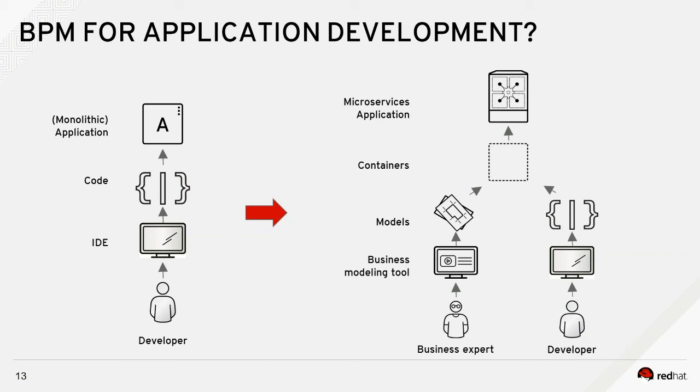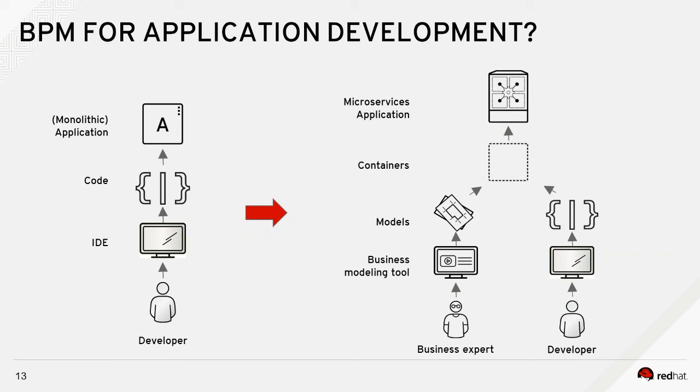But the other fundamental change is really represented by the lower part of this diagram. What I'm saying is that new applications can no longer be built by IT by themselves. If we're going to respond to the competitive pressures and digitally transform our company, applications have to be built by business experts, business analysts like yourself, in concert with IT.